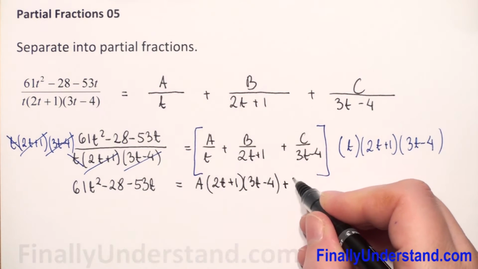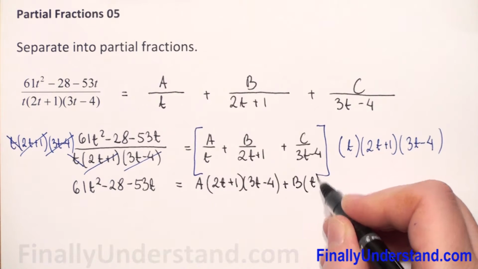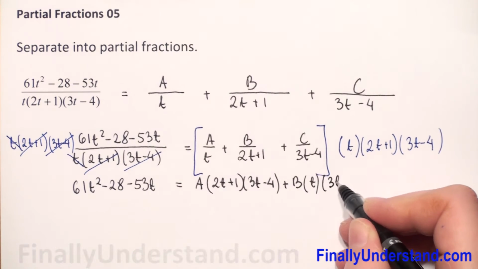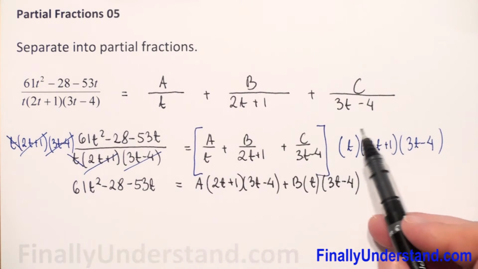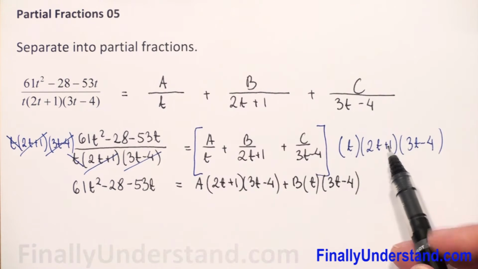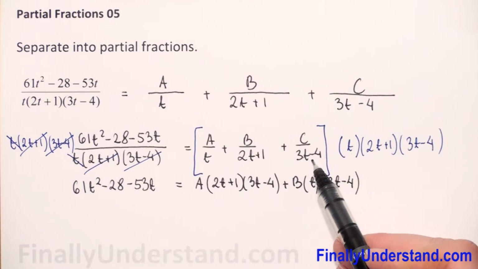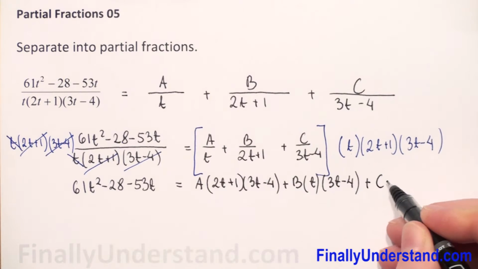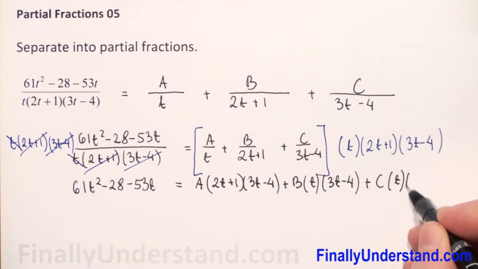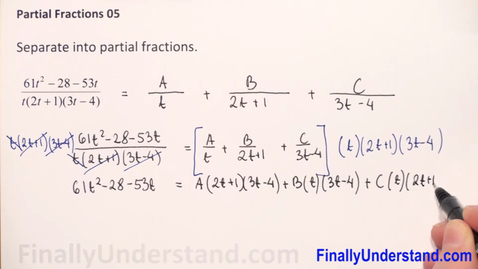So we will have only B times t times 3t minus 4. And the last fraction, when we multiply by this whole expression, we see that 3t minus 4 will reduce with 3t minus 4. So we will have only C times t times 2t plus 1.